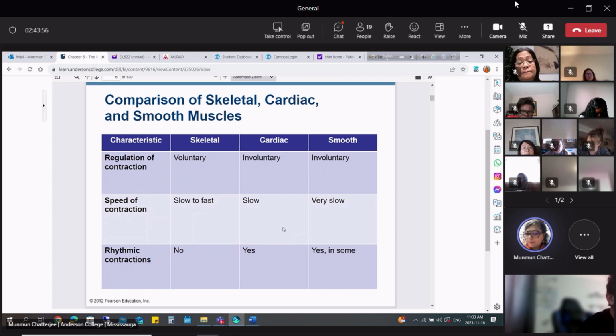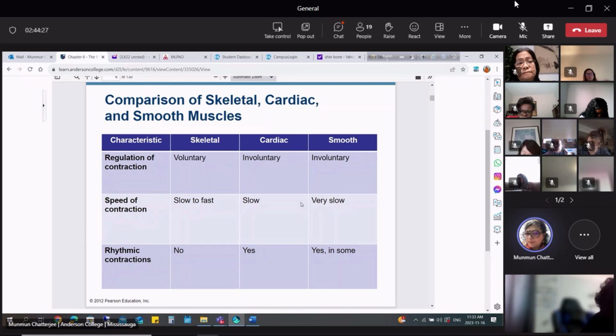Speed of contraction: skeletal is slow to fast, depending upon your movement. Cardiac is generally a slow pace, how it works in the body. But smooth muscles are very slow. Skeletal muscles have no rhythmic contractions, because when you are doing movement, it's working. If you're sitting, not doing any movement, there is no activity.